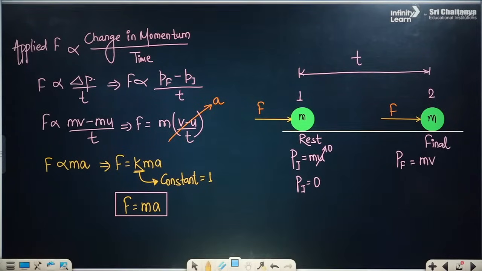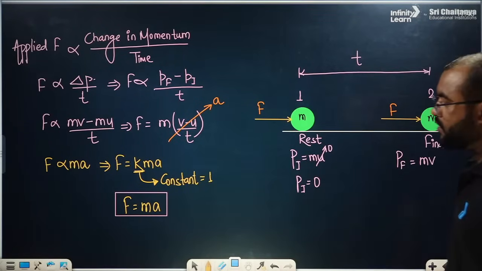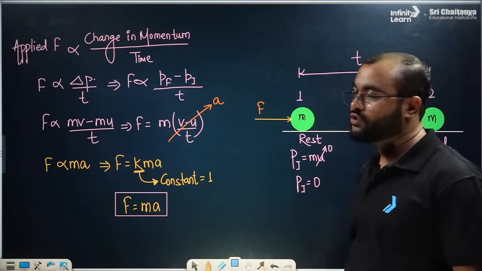That the applied force on a body is directly proportional to the change of momentum with time. Now, I believe this much is clear. So please do remember this formula, F equals MA.